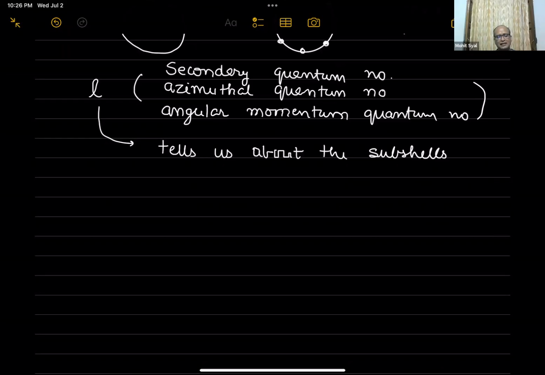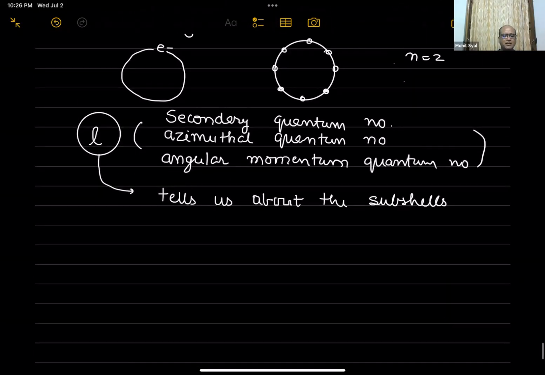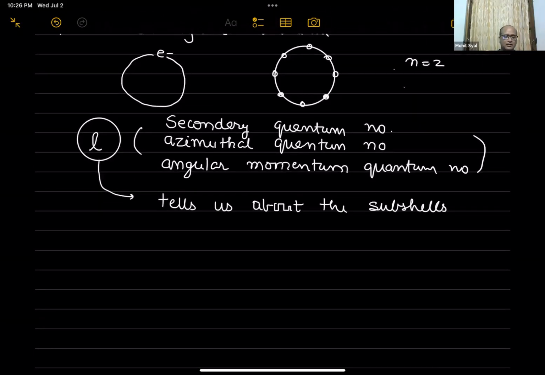So these subshells are represented by L, the azimuthal quantum number. It is also called the subsidiary quantum number or secondary quantum number, because it is not the principal, the main quantum number; it comes after it.